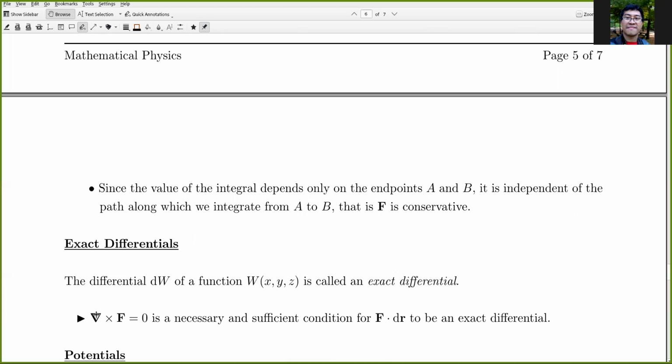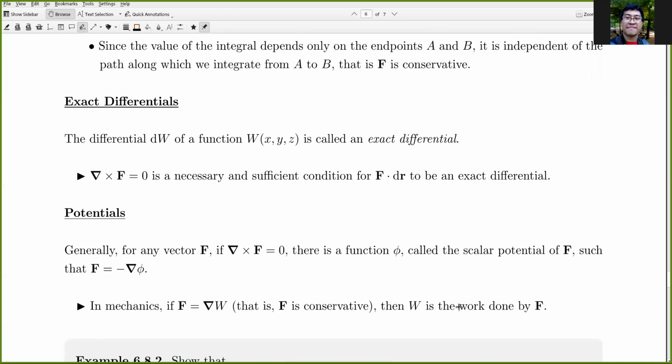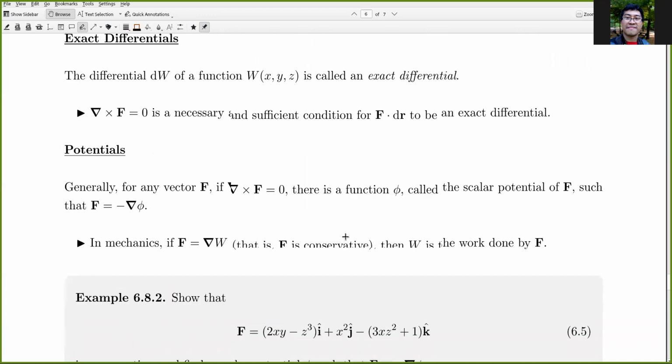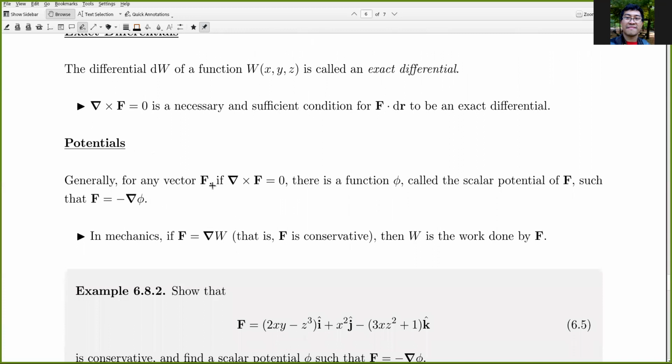So del cross f, or the curl of f, being 0 is a necessary and sufficient condition for f dot dr to be an exact differential. Generally, for any vector f, if del cross f is 0, there's a function phi called the scalar potential of f, such that f equals negative del phi.